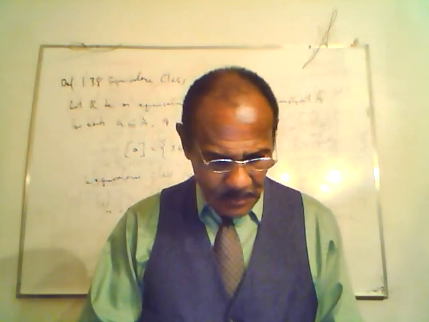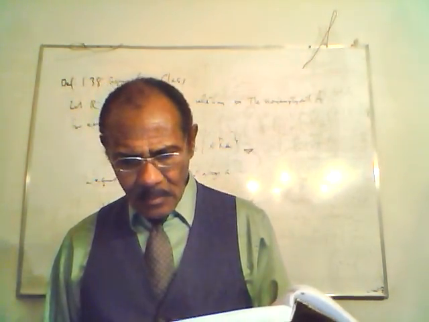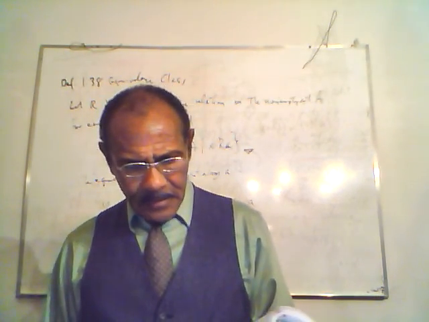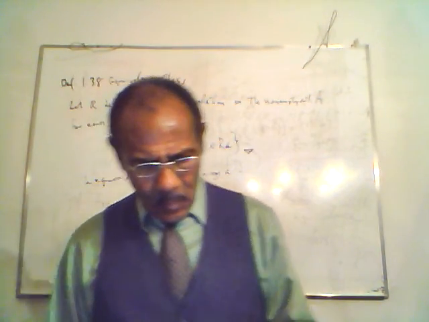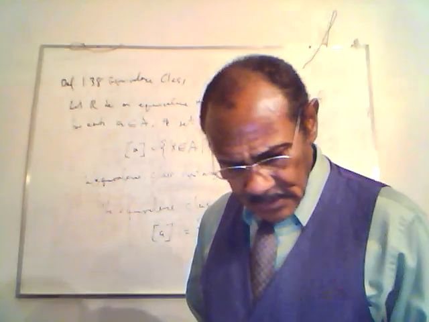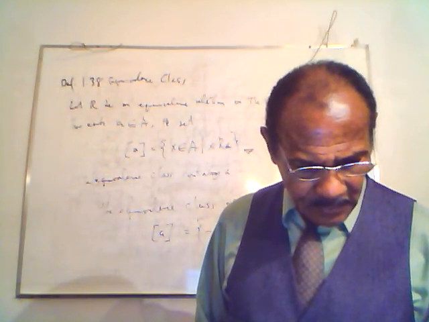Number 2: in each of the following parts, a relation R is defined on the set Z of all integers. Determine in each case whether or not R is reflexive, symmetric, transitive. Justify your answer. So that's what you're given.